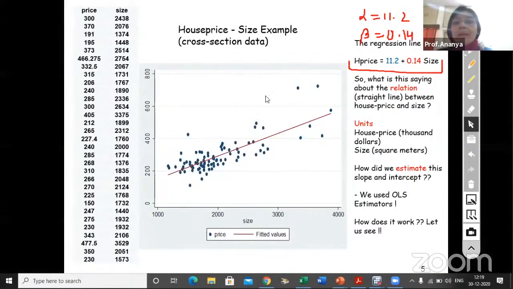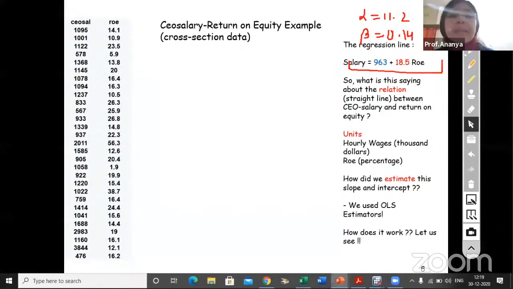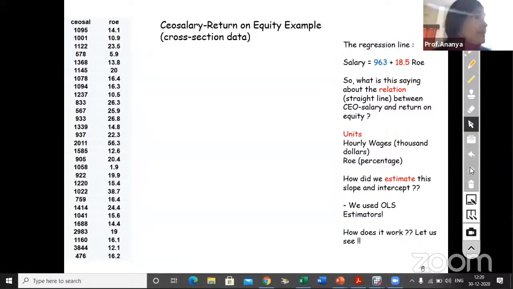Okay. So now I have a different data set, again a cross-section data set, where I'm looking at CEO salaries and return on equity for a whole bunch of firms. The reason it's cross-section is because the underlying units are firms.